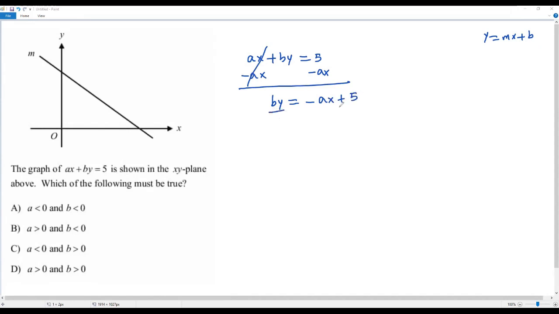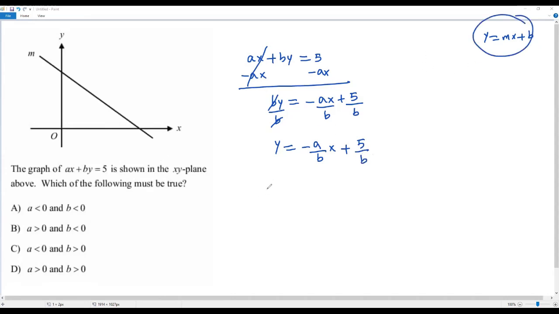Now let me divide each term of this equation by b to get rid of the b that is multiplied by y. Then the b will cancel out, and I'm getting y = negative a over b times x, plus 5 over b. Now I have the given linear equation in slope-intercept form.